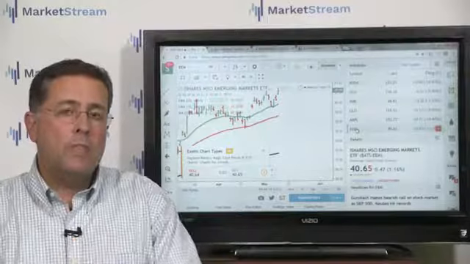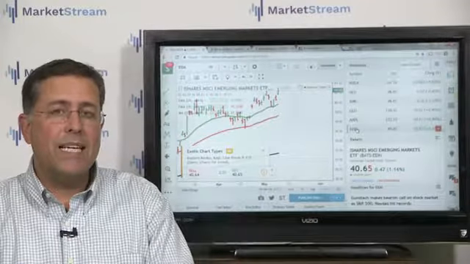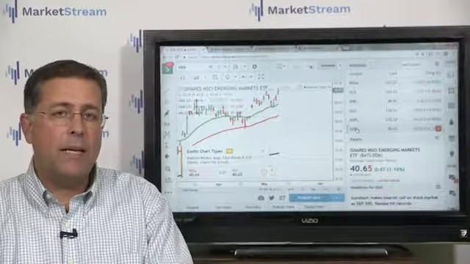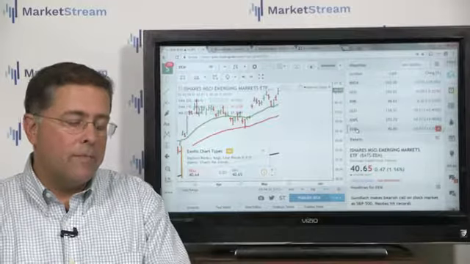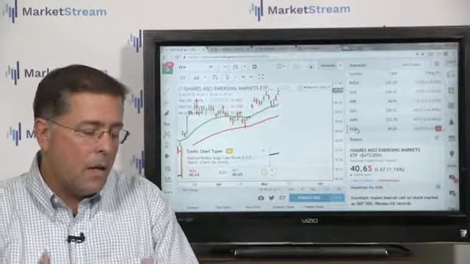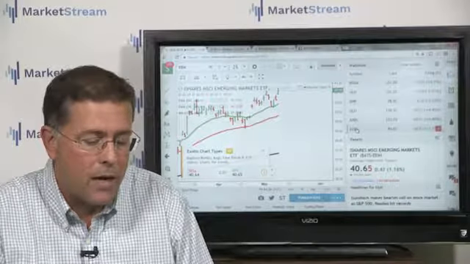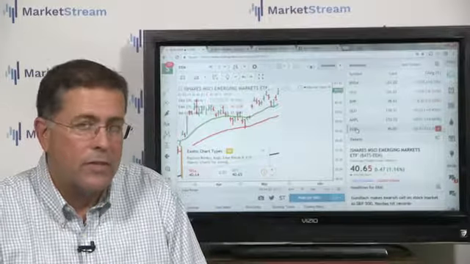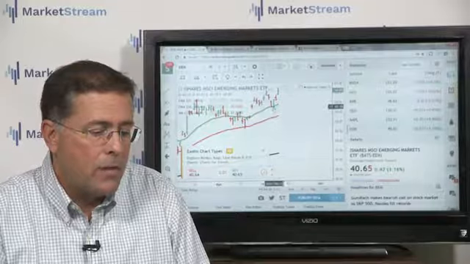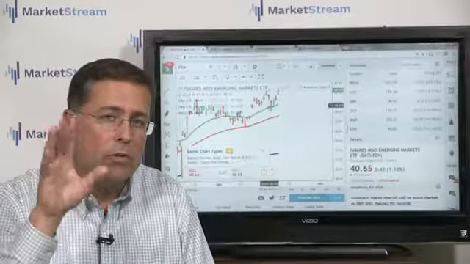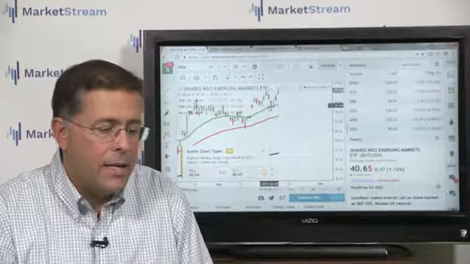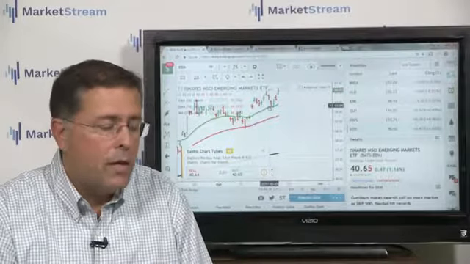Since China is coming out with some key data, the CPI and PPI data overnight, I wanted to take a look at the emerging markets ETF, EEM. EEM right now is trading up 47 cents at $40.65. It bounced off of its 20-day moving average late last week, and the bulls have taken control again in this emerging markets ETF.